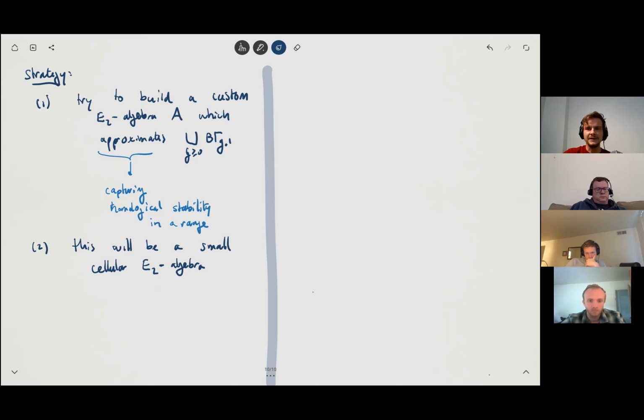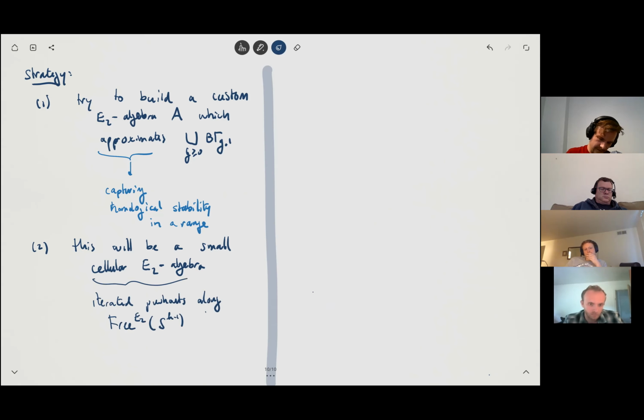So the idea is that by taking some push outs of free E2 algebras on disks or spheres, you are going to try and build an approximation of the algebra you're interested in. So maybe it's going to look like a free E2 algebra on a sphere to a free E2 algebra on a disk.